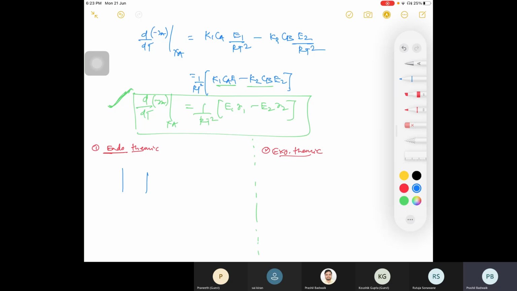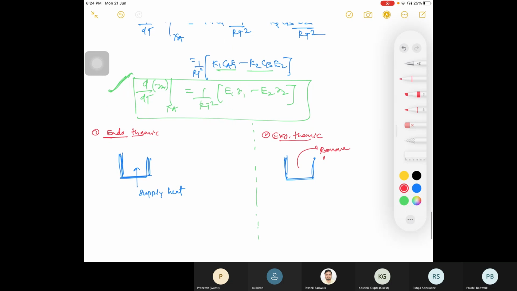In endothermic and exothermic, please tell me about heat. We should remove heat or we should add heat. Okay, in case of endothermic you need to add heat, supply heat, right? You need to supply heat. And here what is your condition? You need to remove heat. Hope I am clear with this.